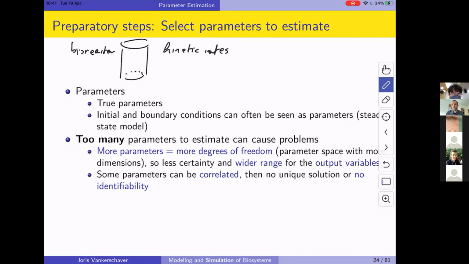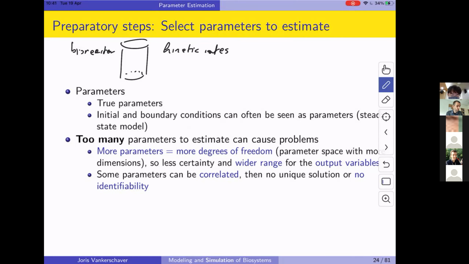We may also have something having to do with the boundary conditions of the bioreactor. Maybe we keep that reactor at a certain steady temperature that we can either measure or leave unknown, and that might have an effect on the chemical reactions that take place in it.